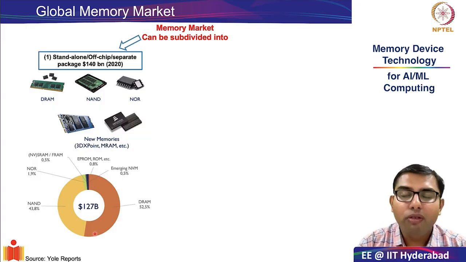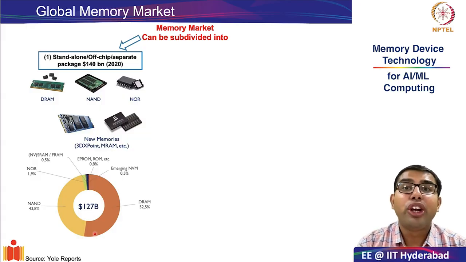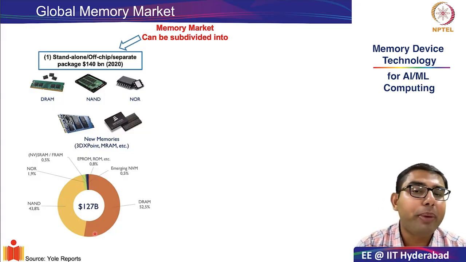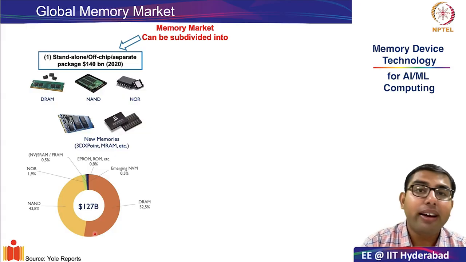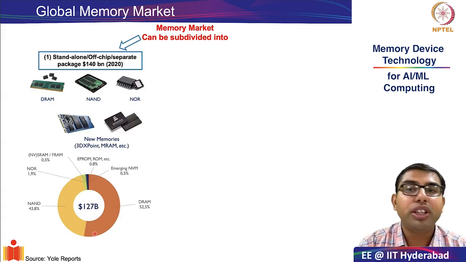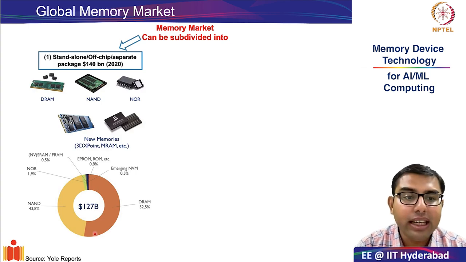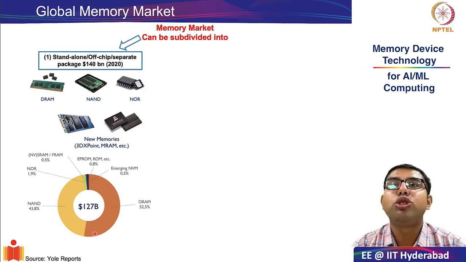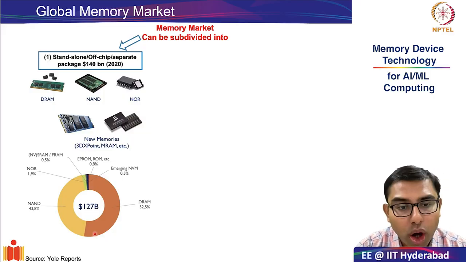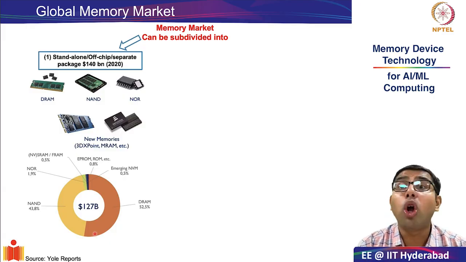Now, if you have been following this course carefully, you might remember that when we were discussing the comparison between DRAM and NAND or flash memory, we saw that the bit density in NAND flash is much higher compared to DRAM. Therefore, the cost per bit for NAND flash was also almost 8 times lower.